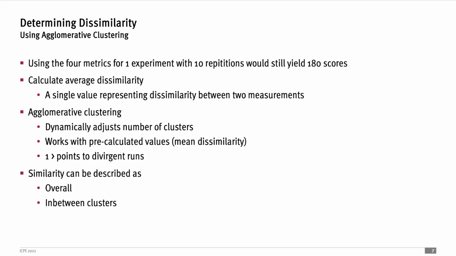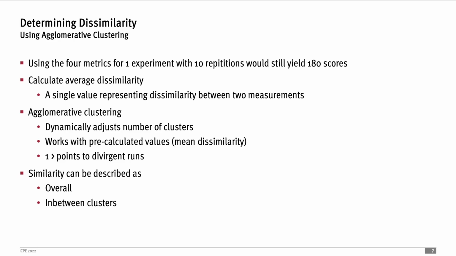But the problem here is that if we have only one experiment with 10 repetitions, the 4 metrics would still yield us 180 scores, which is a bit too much, of course, right? So what we do further is calculate the average dissimilarity between the 2 runs, and then we have a single value that represents the dissimilarity between the 2 measurements.